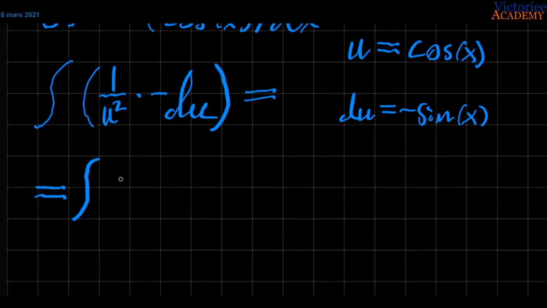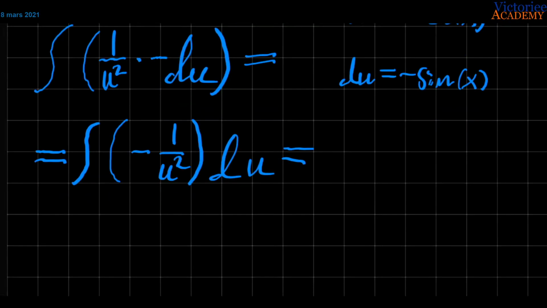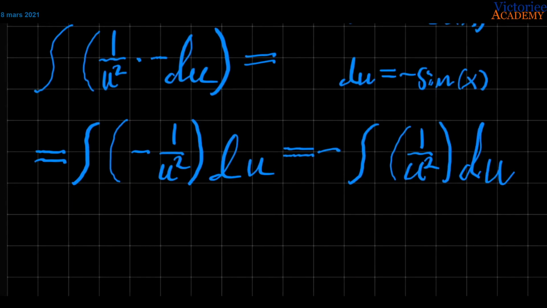Because when we rewrite this later on in further steps below, we can just focus on simplifying this now. So for the first step, we will say that this is minus 1 over u squared. We can also move a constant outside, and here we have a constant that's minus 1. This is minus the whole integral of 1 over u squared du.